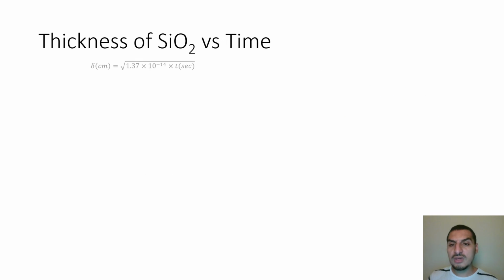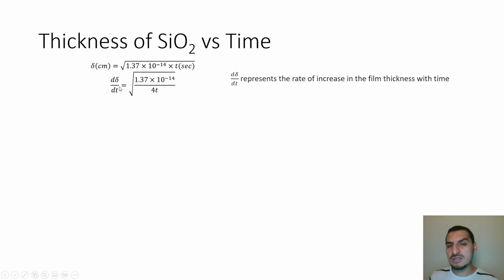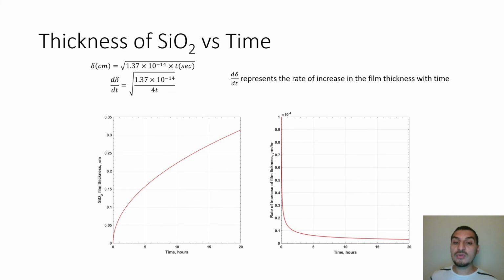And one thing that we can do is to get the delta and get the change of delta with time, which is a useful parameter. It tells us how the film thickness increases with time. And if you plot them, you would see that the scale here is in microns, which is 10 power minus 6 of a meter.